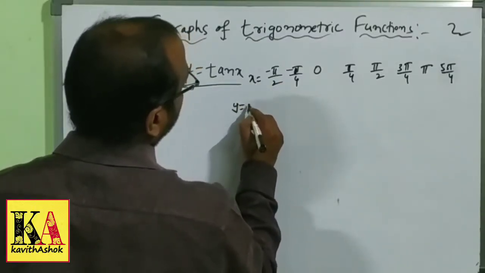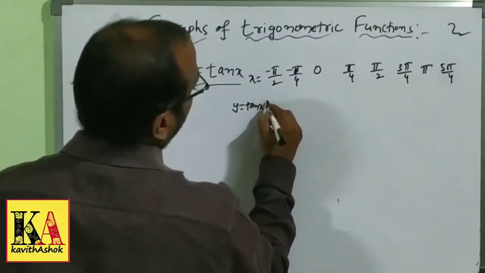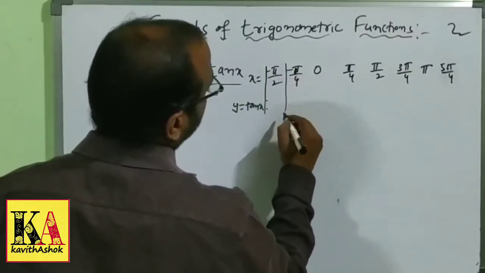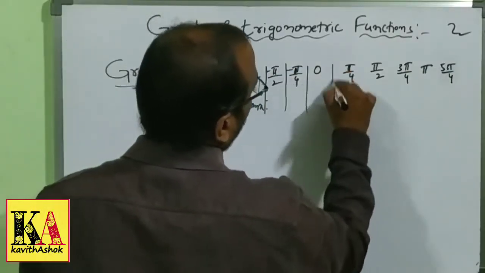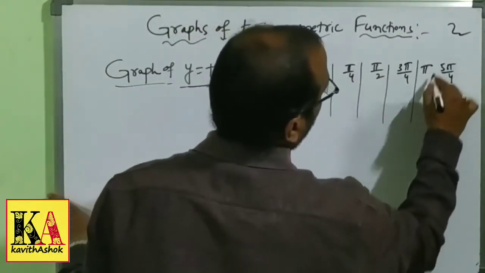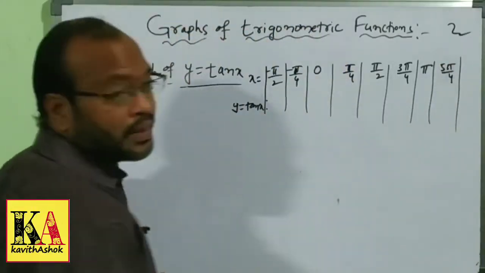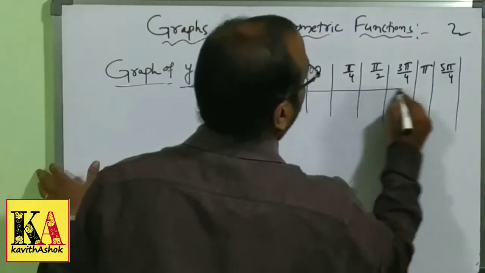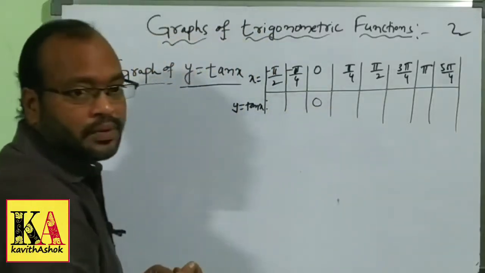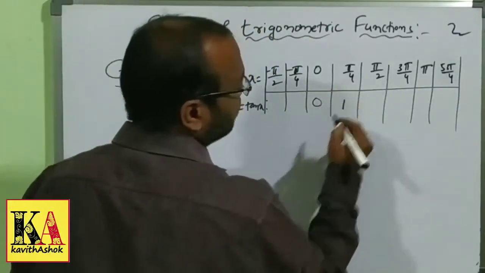Now y is equal to tan x. Tan 0 is 0. Tan 45 is 1.